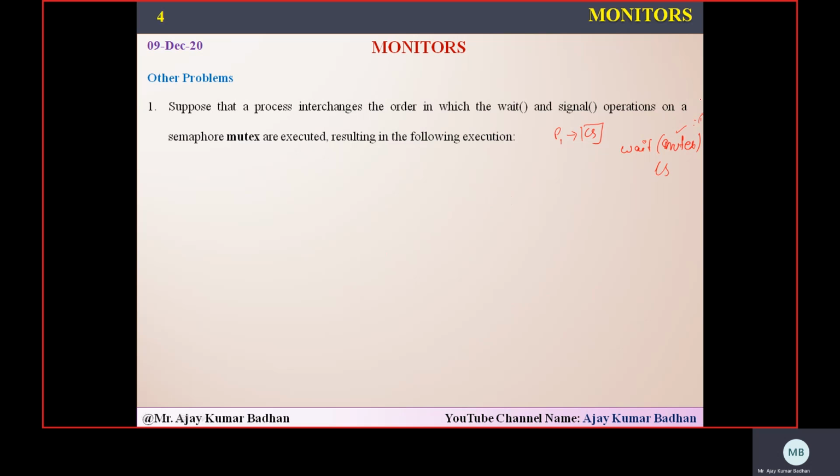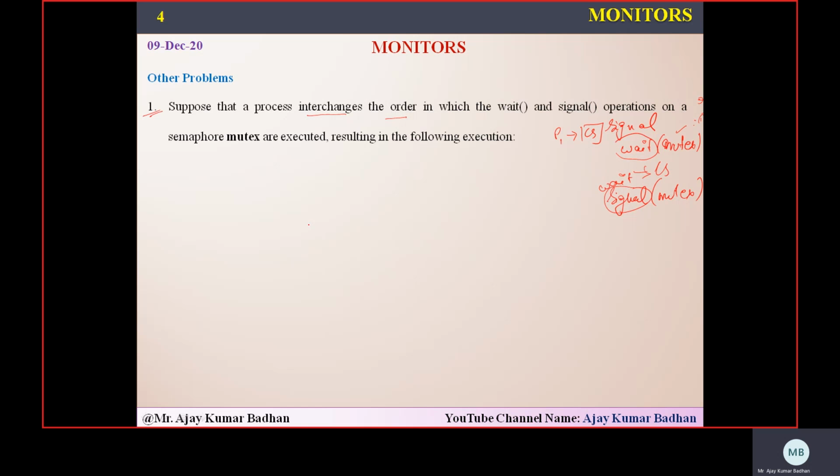If the mutex value is 1, it becomes 0 and is assigned to the process, which enters the critical section. Once it completes the task, it simply calls signal of mutex. Now suppose a process interchanges the order: in place of wait, the process writes signal of mutex, and in place of signal, it writes wait of mutex. Now what will happen?